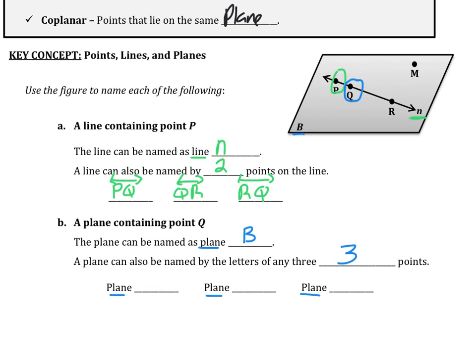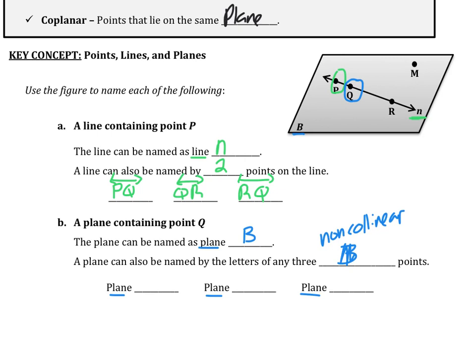So plane and then pick any 3 letters, any 3 points. But they do have to be any 3, ooh, why did I write 3 there? This should be non-collinear. Non-collinear points. That's the important part, right?